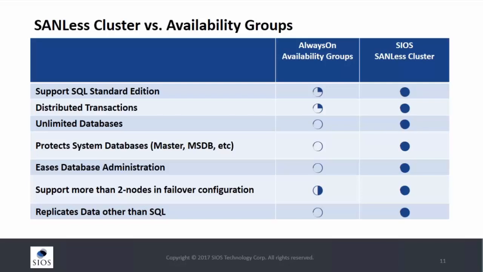The one other key differentiator I think is worthy of calling out, it's on the slide of course, is this: if you think about Always On availability groups, with SQL Server 2016 there's some additional ability to support more than 2 nodes, but SIOS's SANless solution allows you to go from 1 to n nodes.